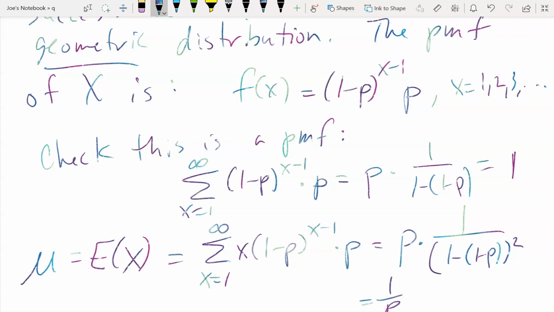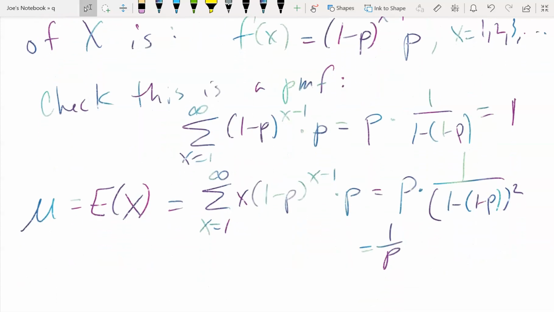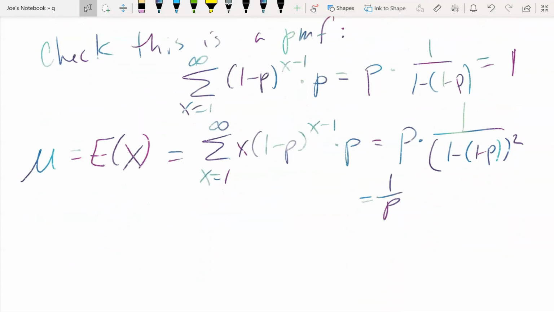We could do the same thing for the variance. Remember, last time we talked about that alternate form. I'm not going to do it this way, but if you want practice, you can do it this way.